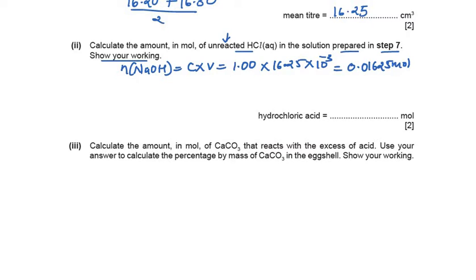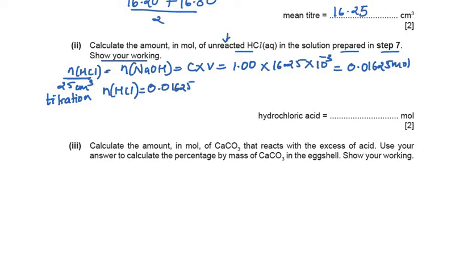These are the moles of NaOH, which is equal to the moles of HCl reacted with NaOH, that is, unreacted, leftover after the calcium carbonate reaction. Another important part is that we took only 25 centimeter cube of HCl for titration, but the solution prepared in step 7 was 250. So either we can multiply, so here I'm writing moles of HCl in step 7 is 0.01625.